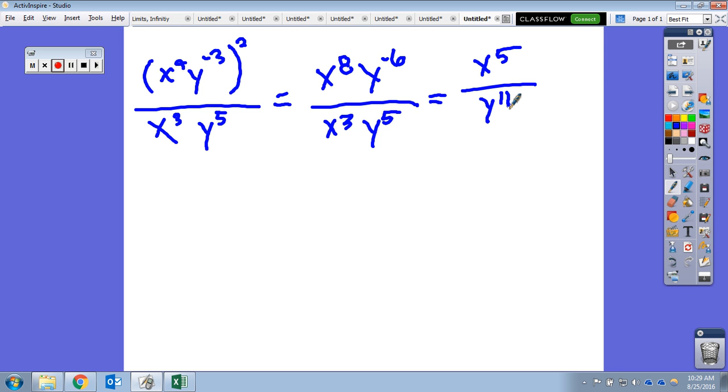Anyone want to do number 2? Find the domain of f of x, express your answer in interval notation. One thing we're assuming here is that we only want real values for our functions.